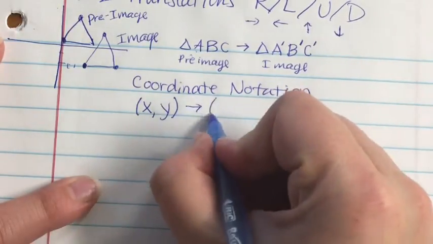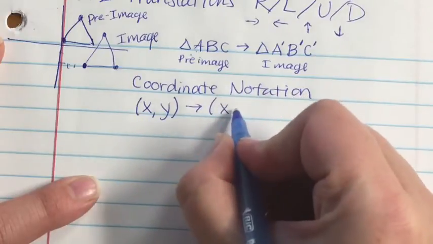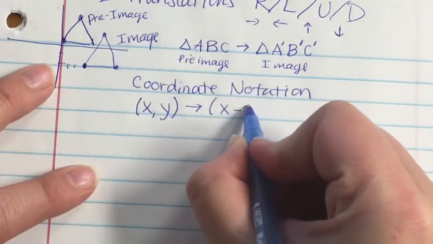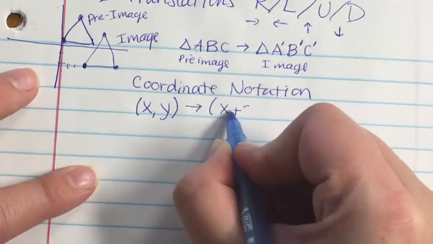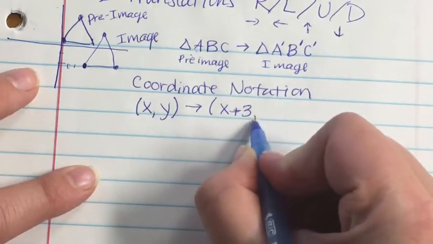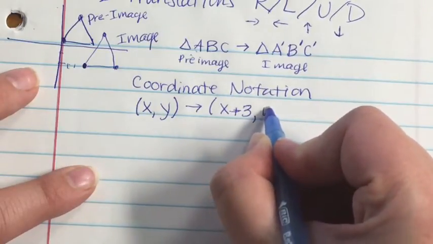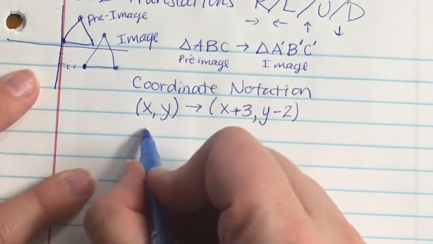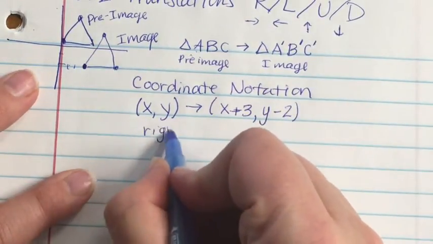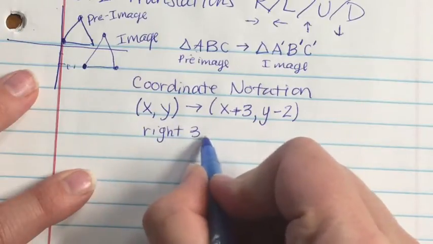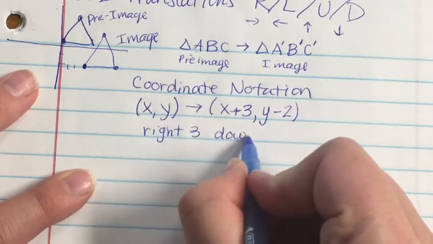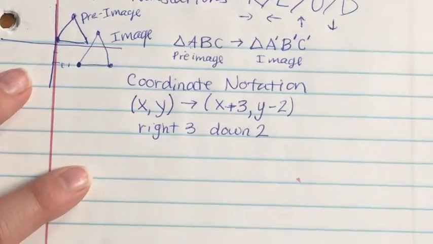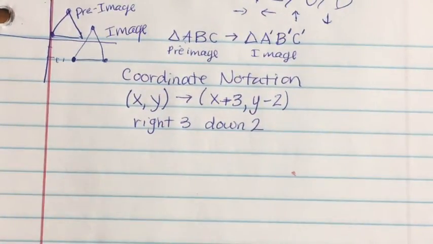What we did here was x plus 3. We added 3 to all the x's, and we took the y's and subtracted 2. This is how we would describe right 3 and down 2.